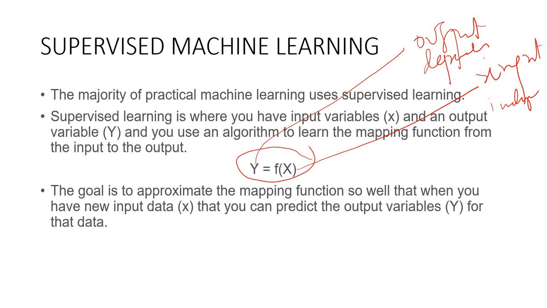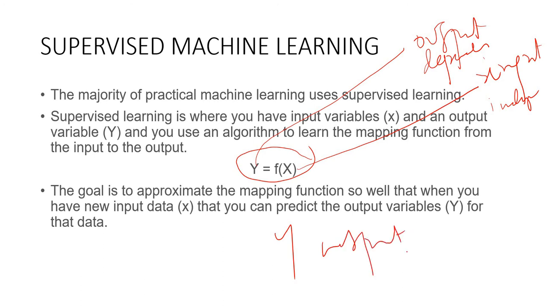The goal is to approximate the mapping function so well that when you have new input data, you can predict the output variable y for that data. So the aim of the machine learning model is to predict the output. Machine learning models are used for prediction. In supervised machine learning, the model predicts y, the output variable.